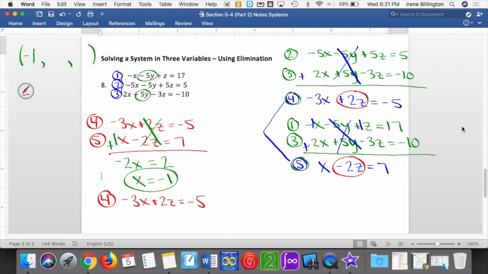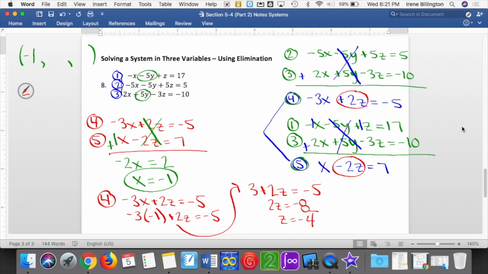And I'm going to substitute negative 1 in place of x. So negative 3 times negative 1 would be 3 plus 2z equals negative 5. Subtract 3 from each side, so 2z is equal to negative 8. Divide by 2, z would be equal to negative 4. So the third piece of my solution is negative 4.